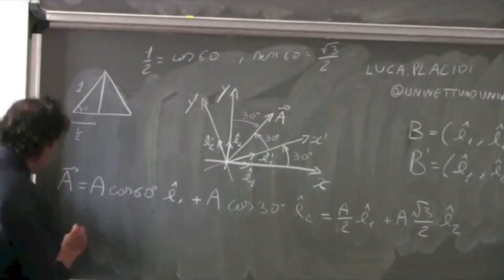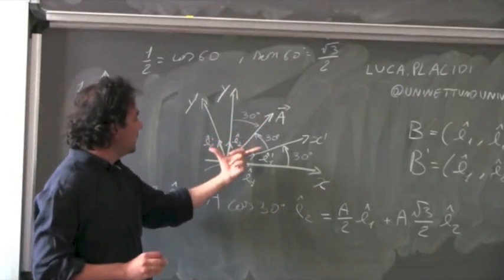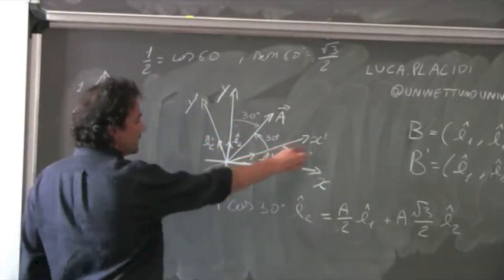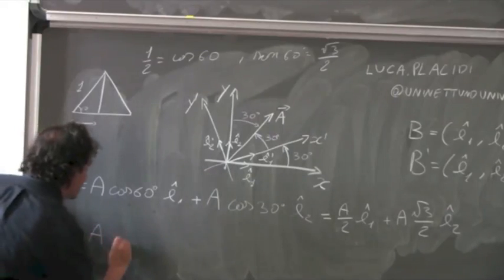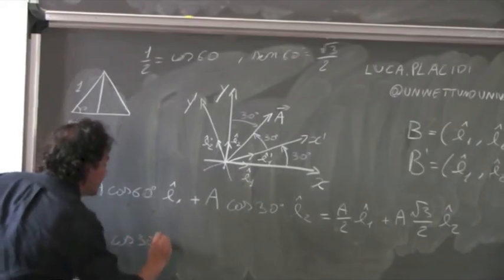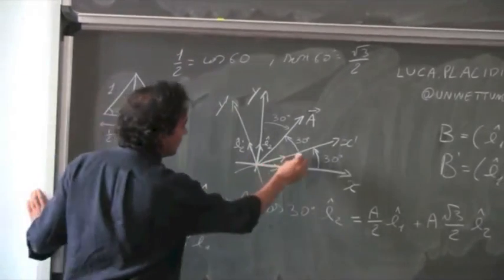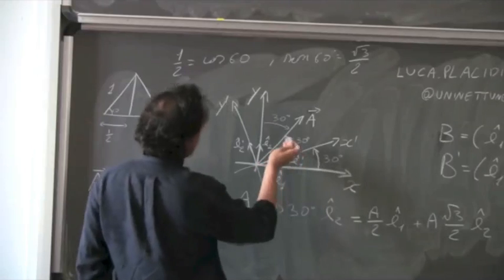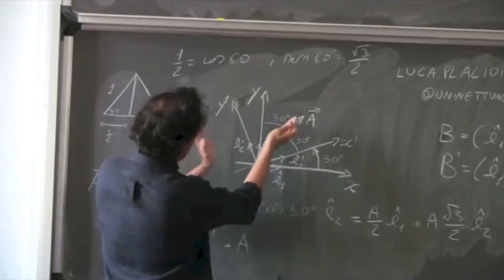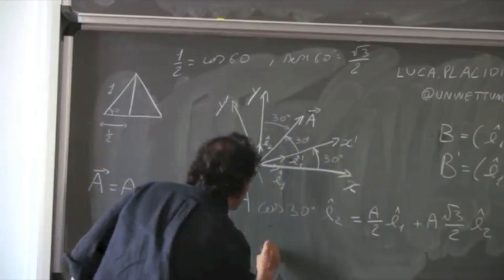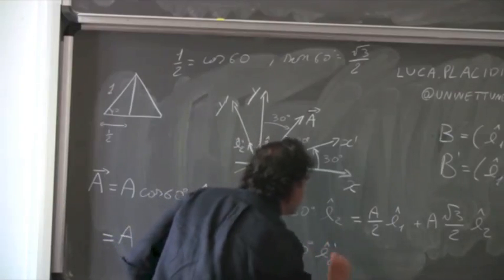But you can also say that this vector can be represented in another basis, the basis B prime. And you have that this is A cosinus of 30 e1 prime, and then you have also A cosinus of 60 e2 prime.